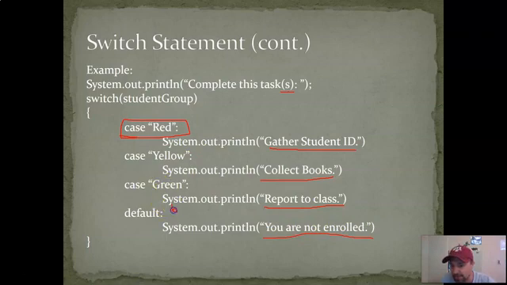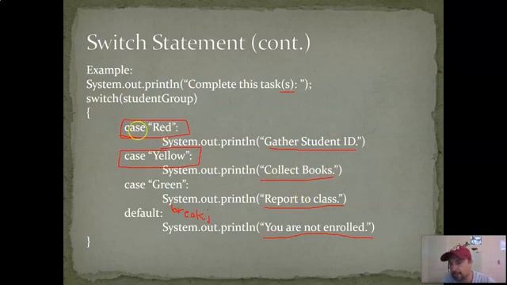So how we do that is we add a break statement right here. So if you're a red student, it's going to say gather student ID, collect your books, report to class, and then it hits a break so it skips the rest of it. So we do not see you are not enrolled. If you are a yellow student, you would see collect books, report to class.